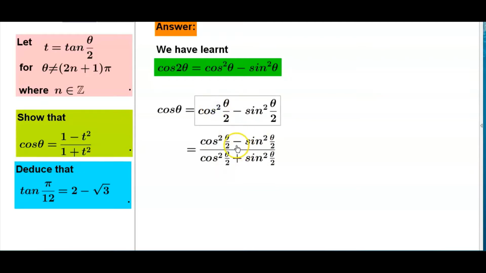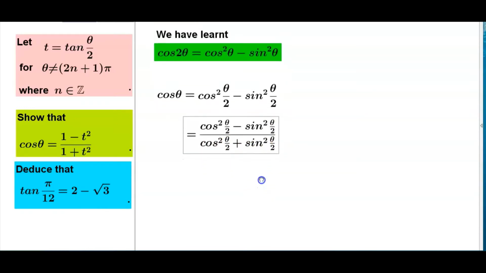So this can be written as cos squared theta by 2 minus sin squared theta by 2 over cos squared theta by 2 plus sin squared theta by 2. This denominator is 1 by the Pythagorean identity.